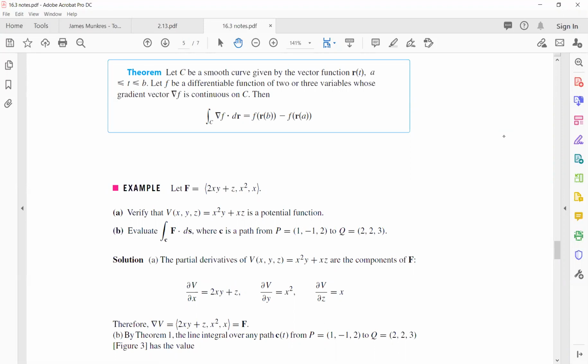Part B of the question says, find the integral of function inner product between f and ds over curve C, which is a path connecting these 2 points.